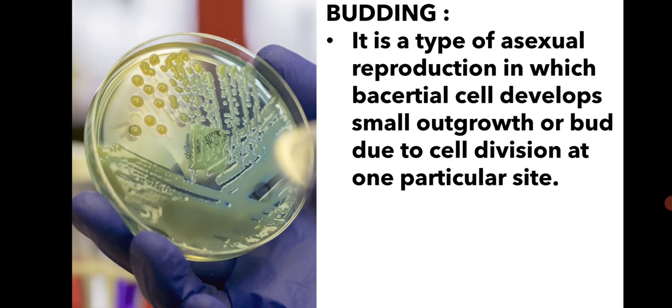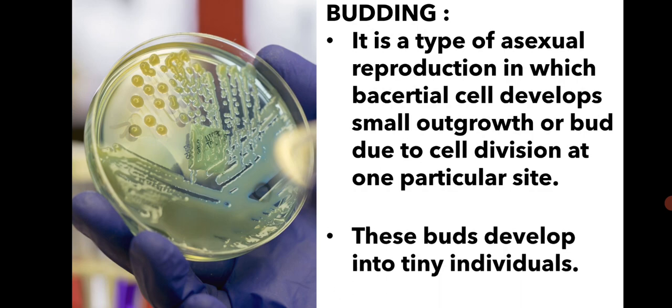Now next is through budding. Budding is almost similar to binary fission. It is also a type of asexual reproduction in which a bacterial cell develops a small outgrowth or a bud due to cell division at that particular site.